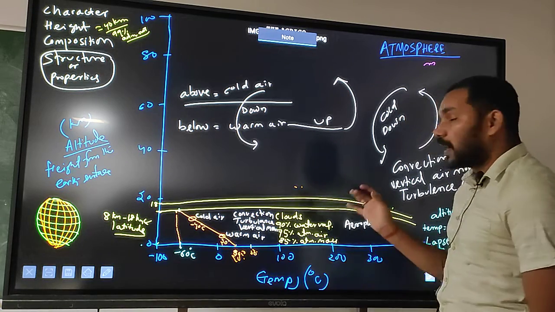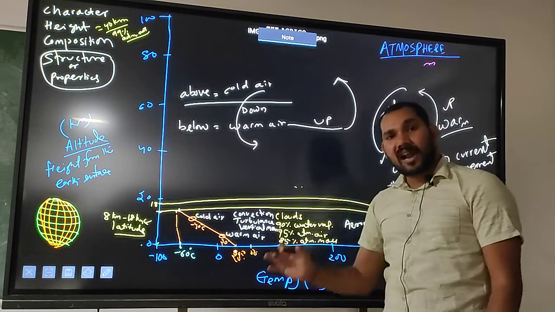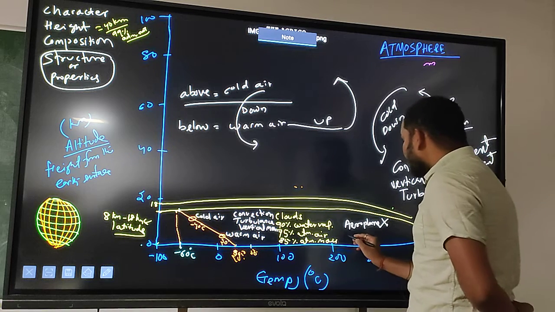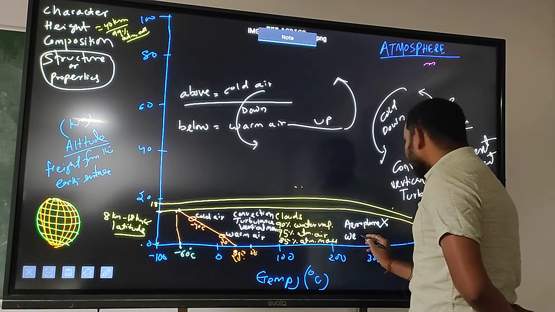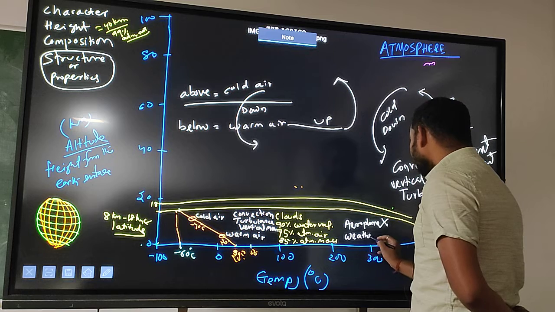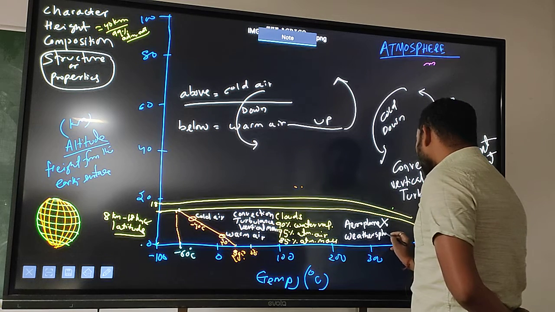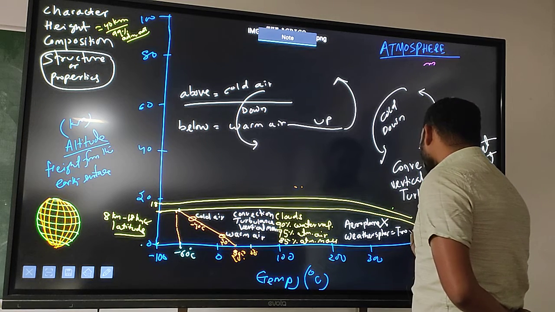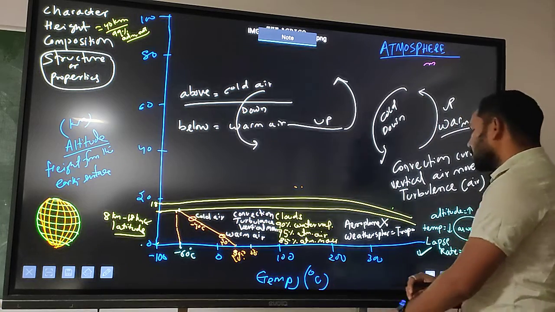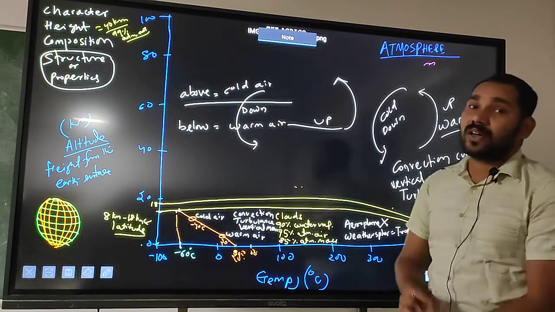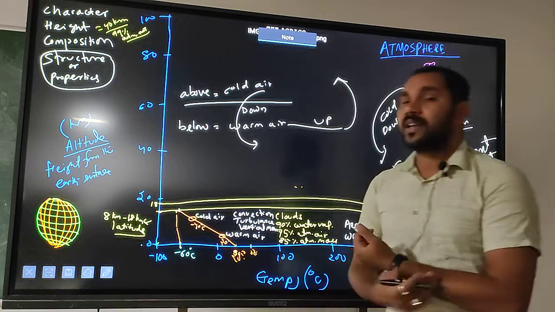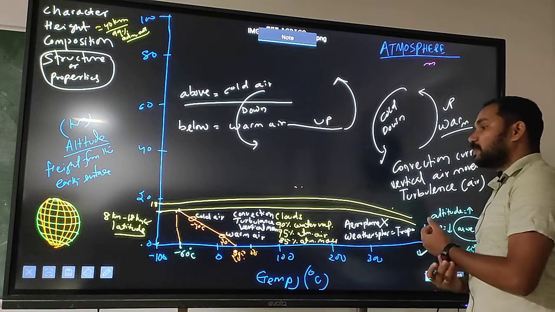Second thing, most of the weather phenomena happen there, because 90% of the water vapor is there. So clouds are there, and cloud formation is there. So this is known as the troposphere, also known as the weather sphere, because all of the weather phenomena occur in this troposphere zone.